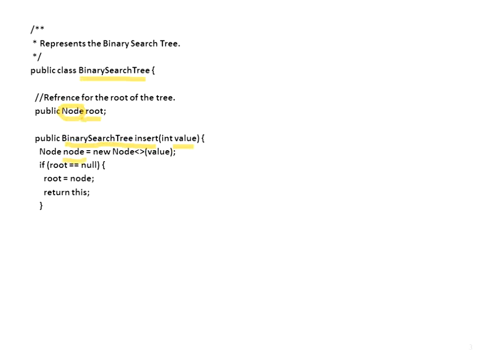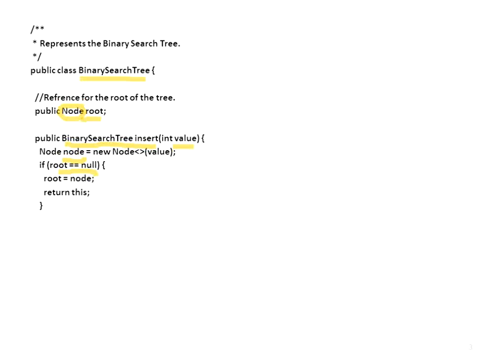Now we have created a reference variable, that is node. Now we will find out if root is equal to null. If root is equal to null, that means so far no node has been inserted in that tree.